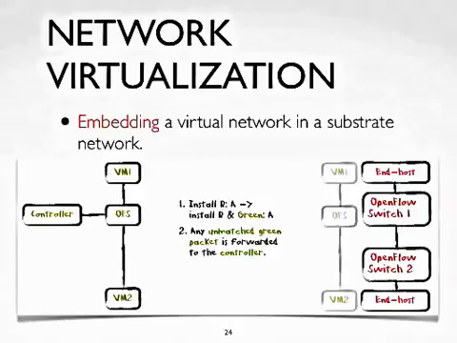So let's say we have this green network here. You boot up the VM on this end host, VM2 on this end host, and you want to allocate this virtual switch on this physical switch. So there is a virtual host on a physical host, and a virtual switch on a physical switch. But how does it happen?